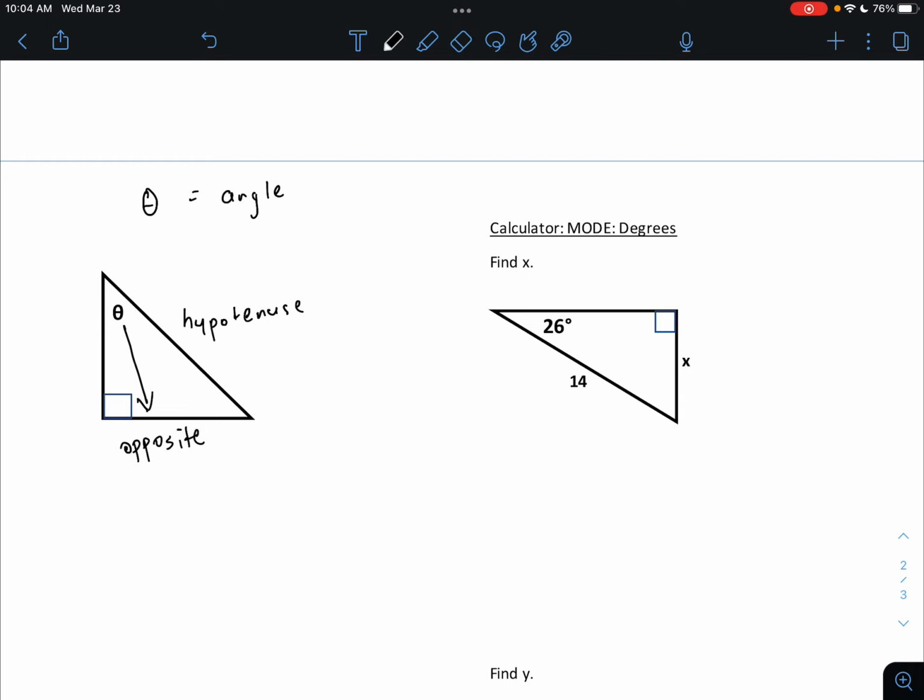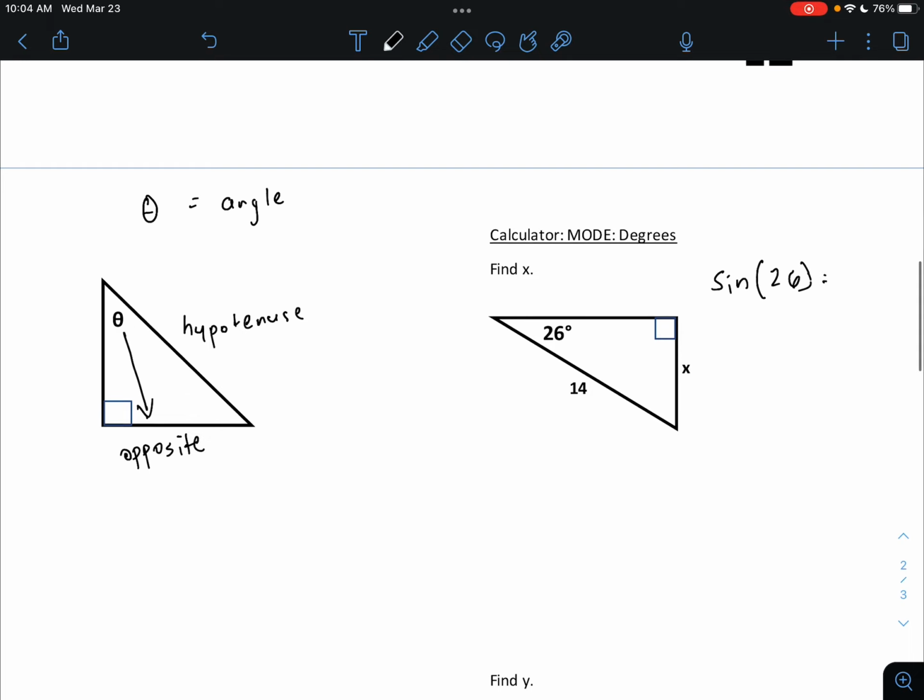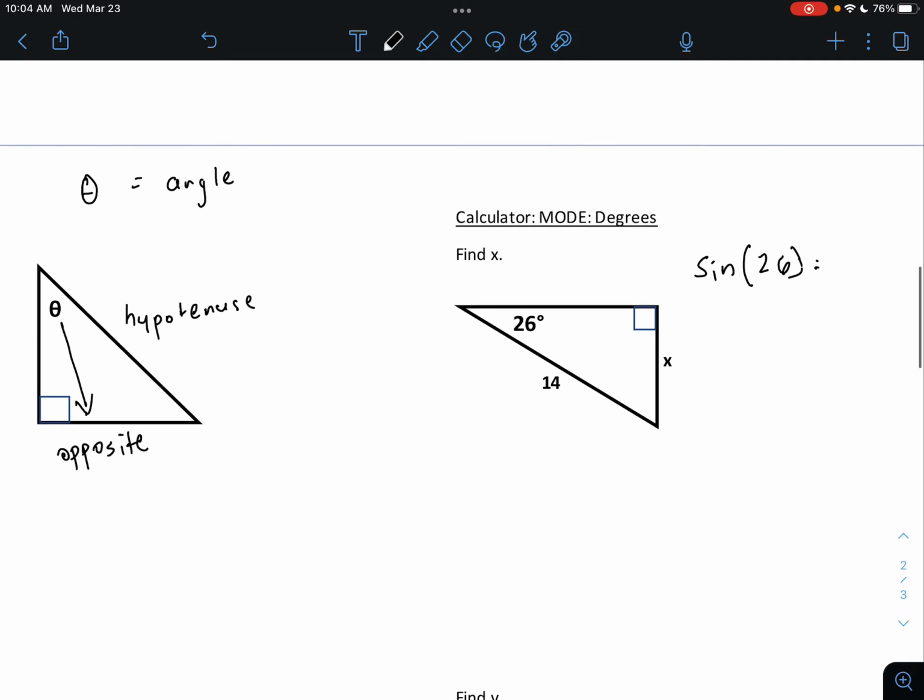So how do we use this sine function? We're given an angle. In this case, our angle is 26. We're going to set it up something like this, where the sine of that angle, the sine of 26 in this case, equals my opposite side over my hypotenuse.